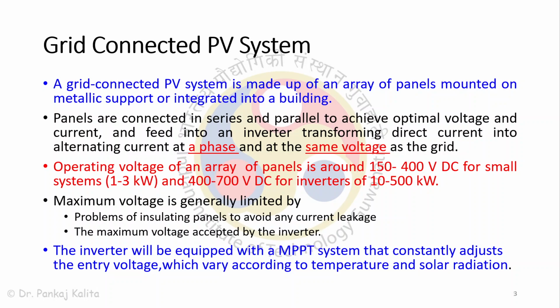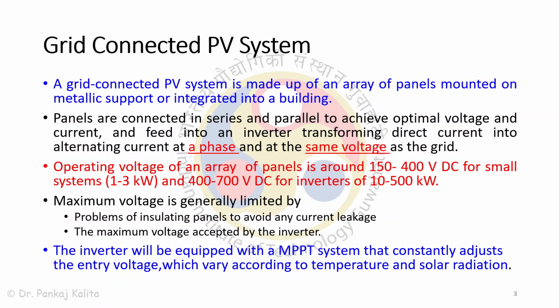Generally the operating voltage of an array of panels is around 150 to 400 volt DC for small systems, and 400 to 7 volt DC for inverters of 10 to 500 kilowatt. The maximum voltage is generally limited by problems of insulated panels, to avoid any current leakage. That is why the maximum voltage accepted by the inverter matters, and these things have to be kept in mind.